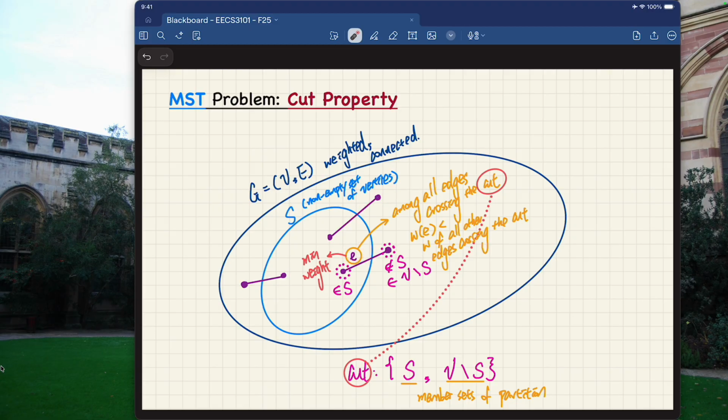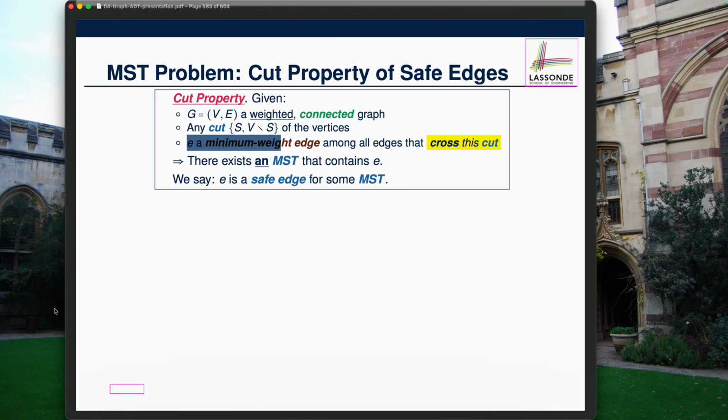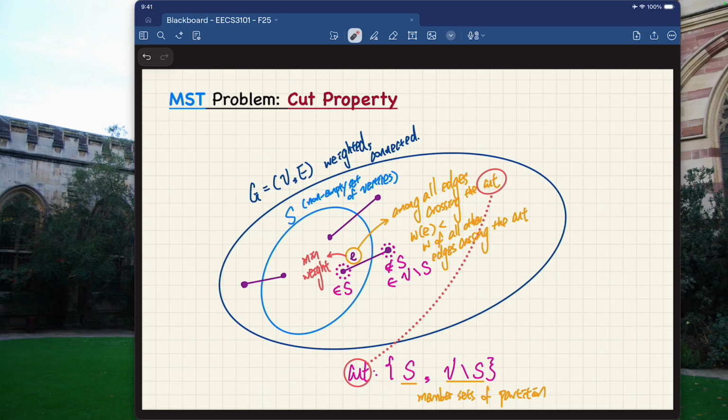So now what's so special about this one here? You can see right now we talk about all three conditions. We talk about the input graph, we talk about any cut we can actually form, for all possible cuts, and we talk about the minimum edge E. So there is a minimum spanning tree that contains E. You can think about this particular edge, just this edge.